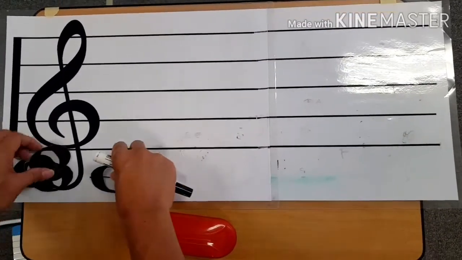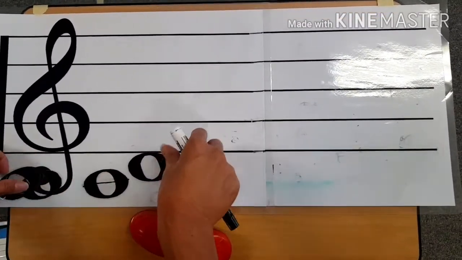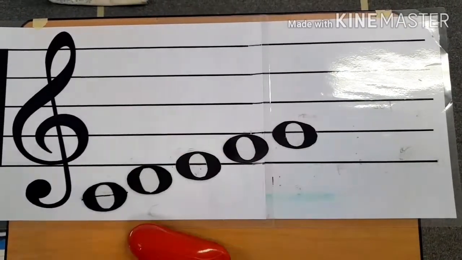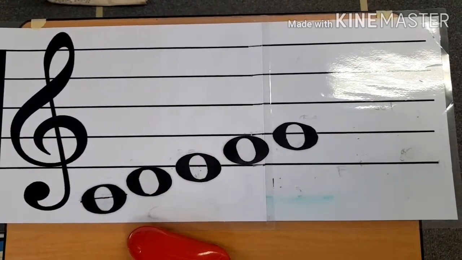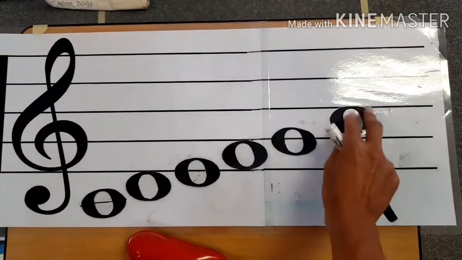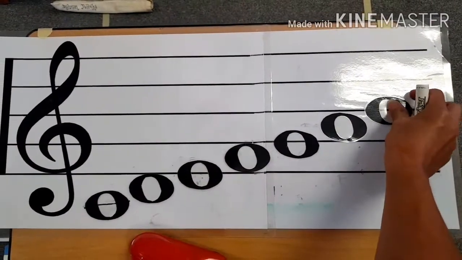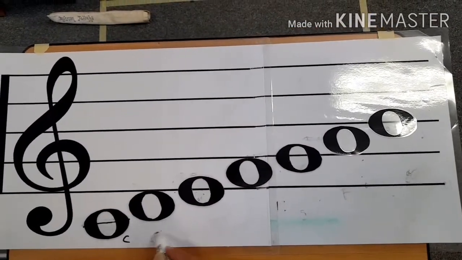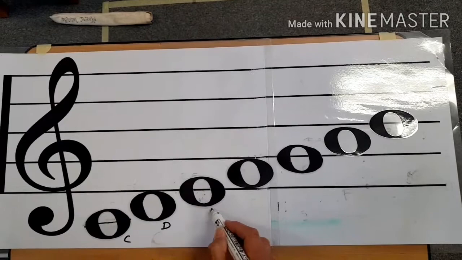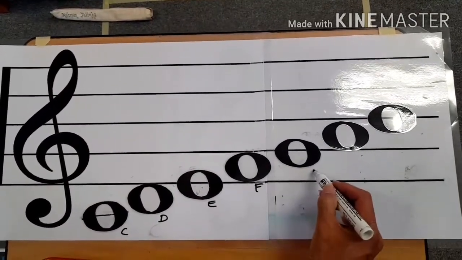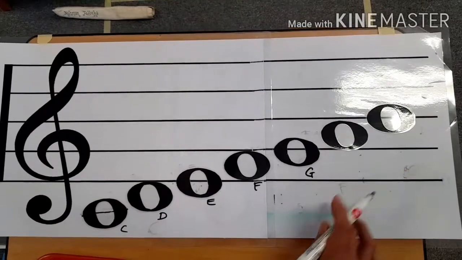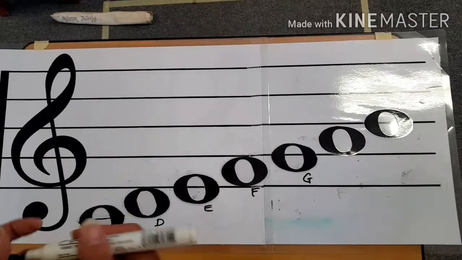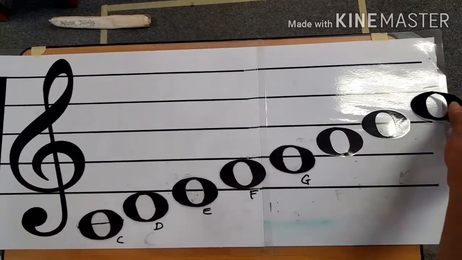So there are 7 notes. The first note, C, second D, third E, F, fourth, fifth is G. Now the additional notes are these 2 new notes, and I'm going to add one more here.